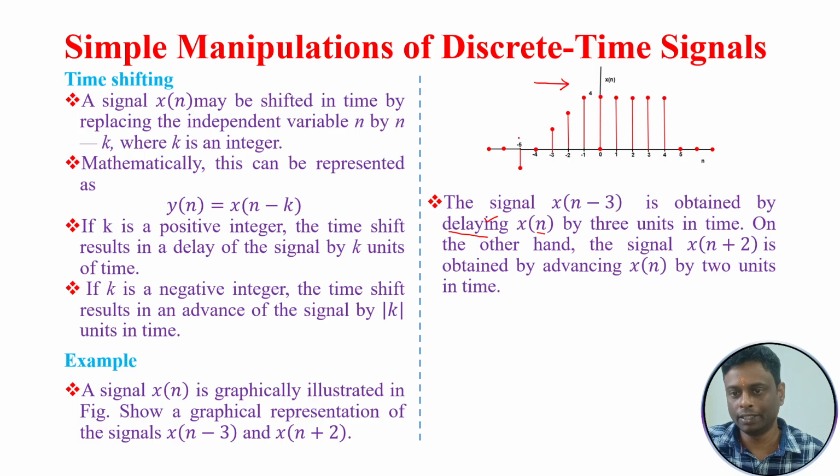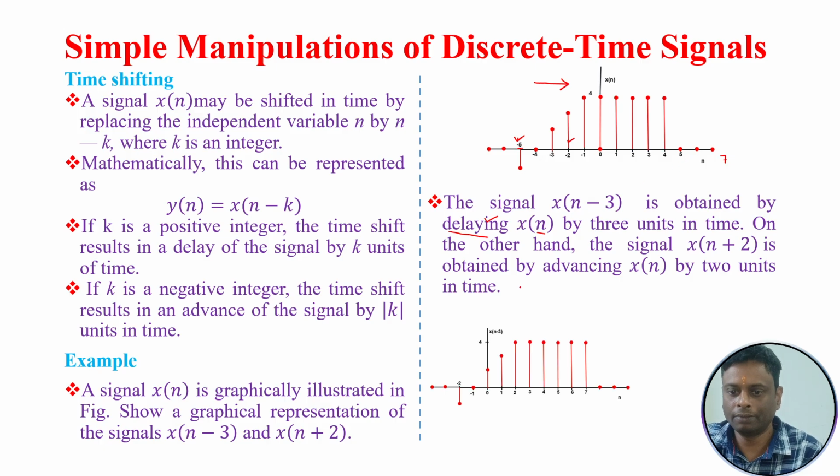Originally x of n is starting from minus 5. Delaying means it will start from minus 2, then it will go up to 7. So you can see over here, this is x of n minus 3.